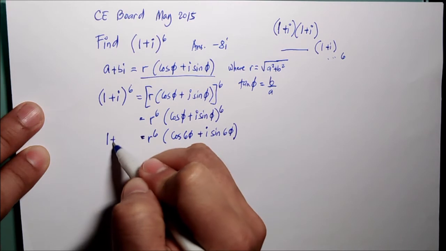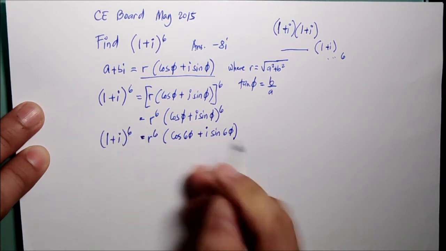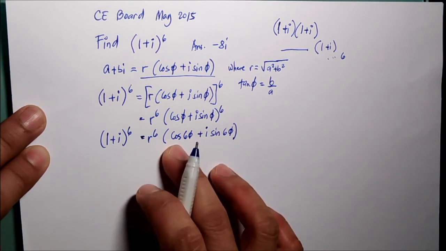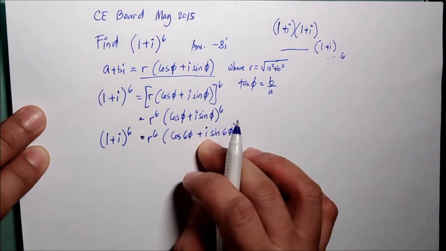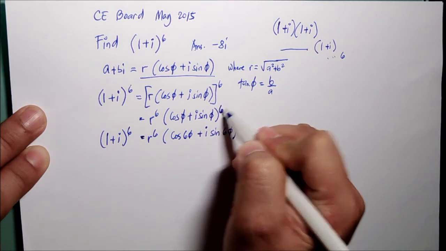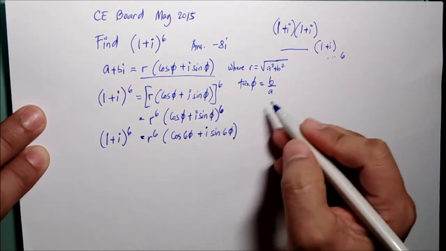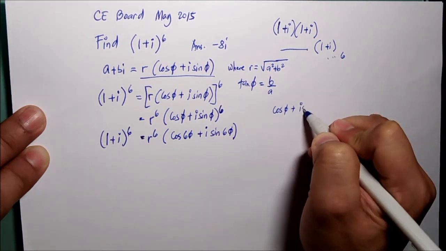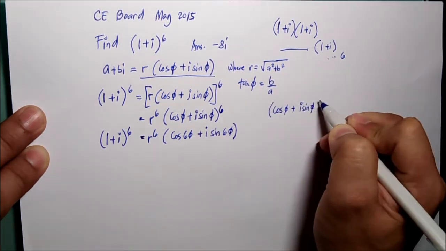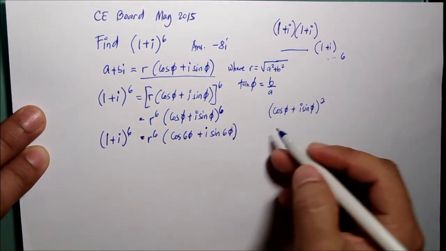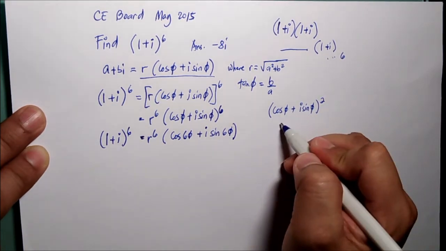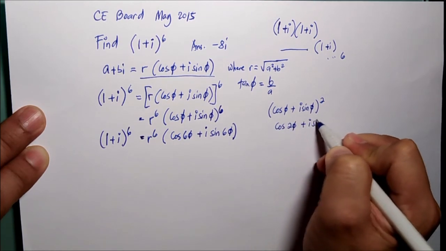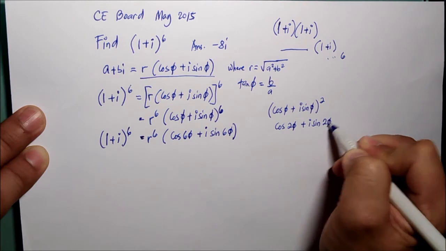If you want to make sure that this is the answer when raising to the 6, let's try (cosine theta plus i sine theta) squared.